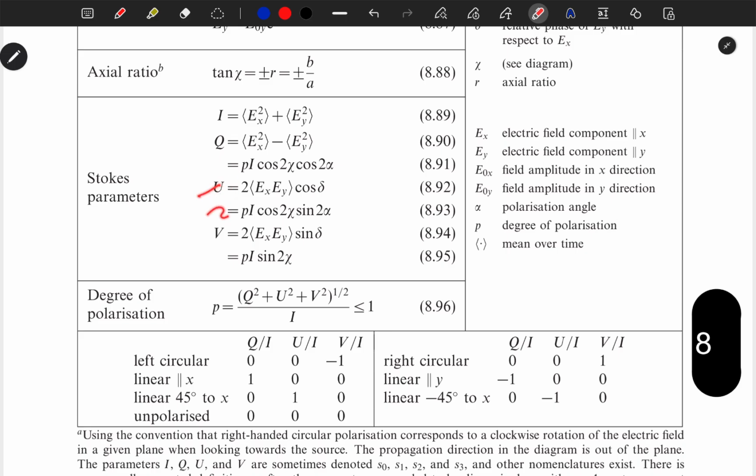Similarly we can calculate U and V. So based on I, Q, U, V, we can calculate the degree of polarization: P equals (Q² + U² + V²)^(1/2) divided by I, which is always less than or equal to 1. So for left circular, right circular, we can get these Q, U, V values for different polarizations.